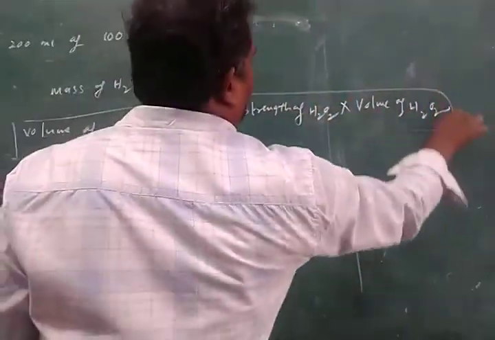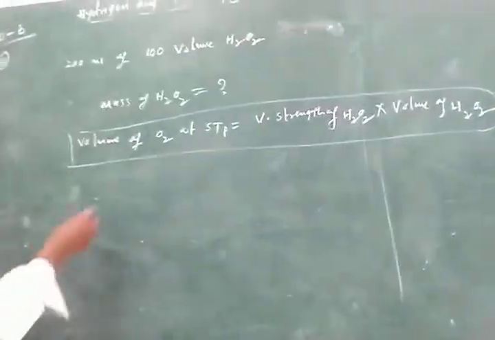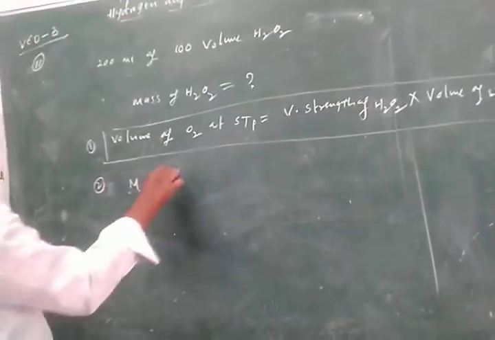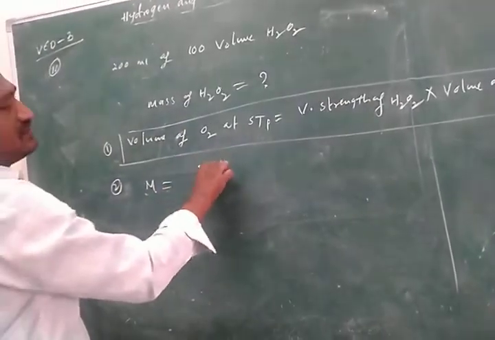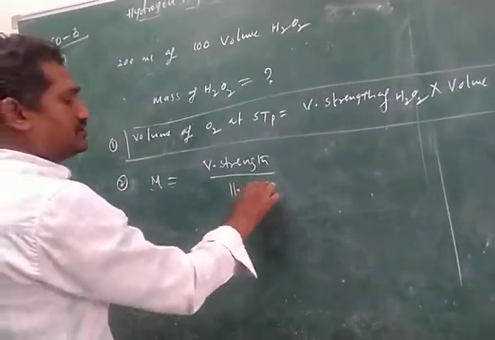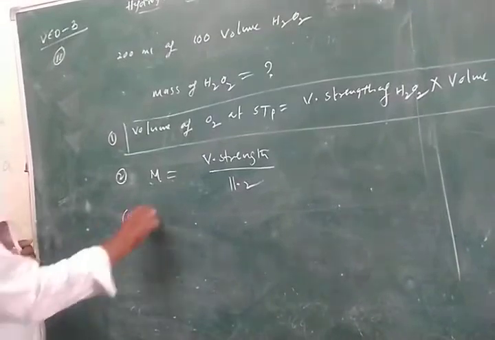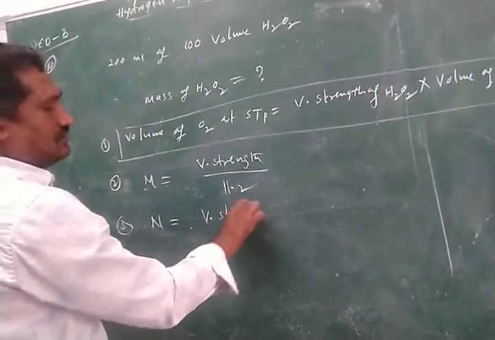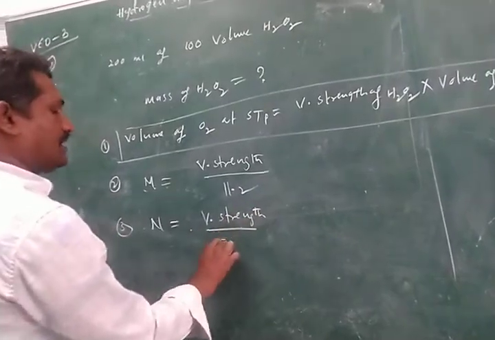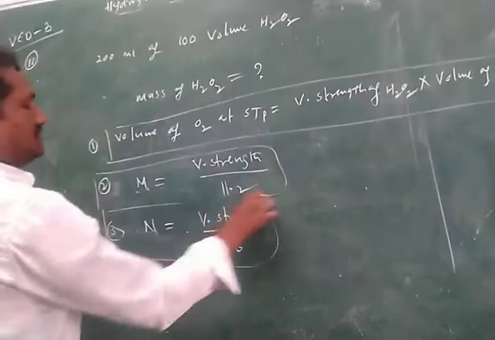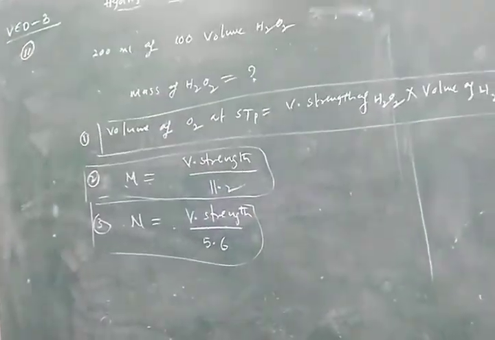Also, molarity equals volume strength by 11.2, and normality equals volume strength by 5.6 liters. These are the three formulas we use.